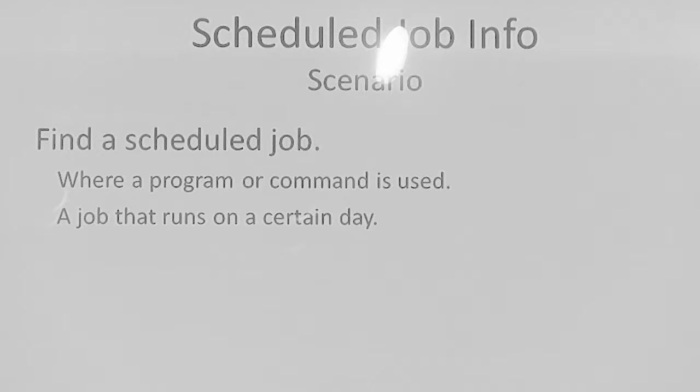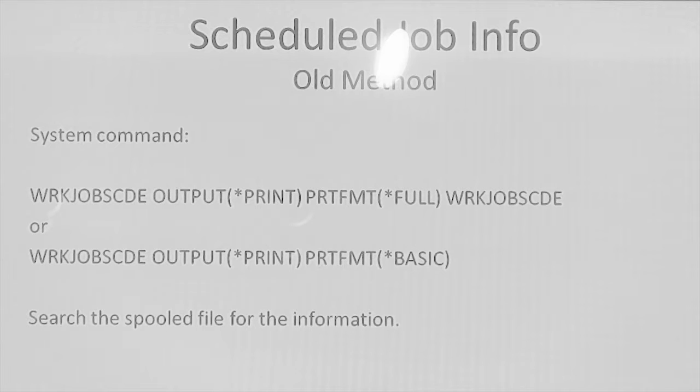The long way that we used to do it, and you still can, is to use a system command, Work with Job Schedule Entries, output to a printer, to a spool file, and then go search the spool file. You'll be out there for a while. If you get the basic information, it's one line per entry, but you don't get full information. So then you can just search for it. I've done this many times in the past, and it's a pain.